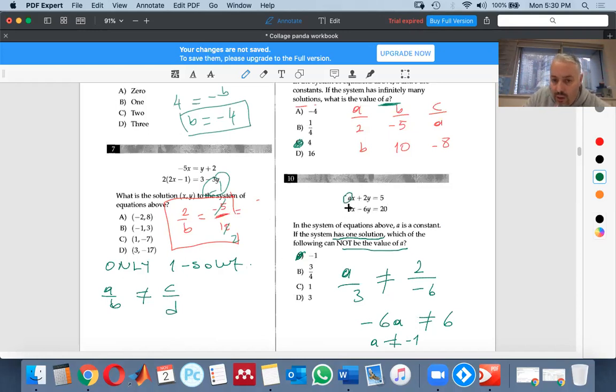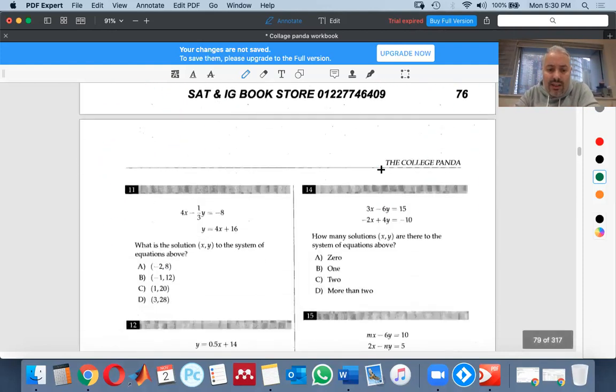So you cross multiply to get -1. I mean, A over 3 must be different than 2 over -6, which is -1 over 3 when you simplify. So this is 3, this is 3, this is -1. You can even think with just logic, okay? Okay, let's go on.